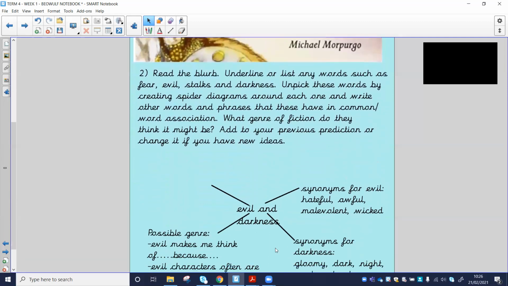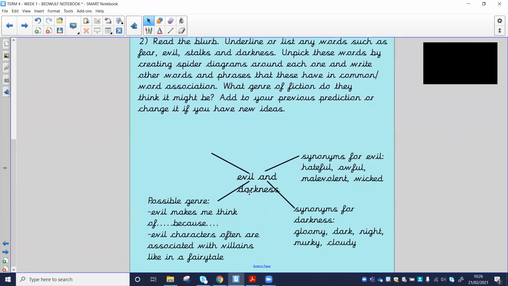So this is the beginning of my example here for you. I picked evil and darkness. I picked 2 words, not just one. So I started off over here. I started writing some synonyms out. There's lots more. I just did 4 or 5 for each. So I started listing some synonyms for evil. And again, you might be able to come up with lots more than what I came up with.